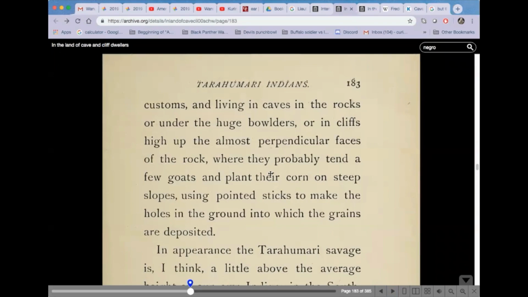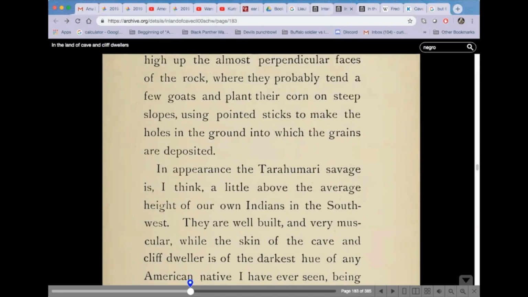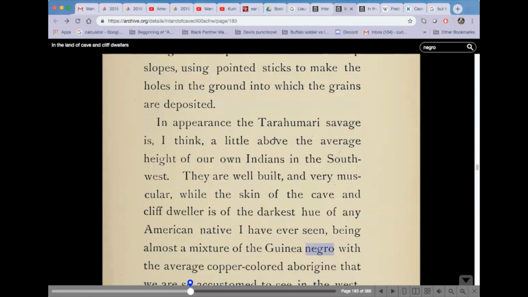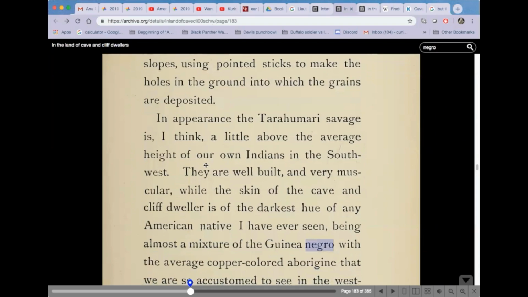So we're on page 183, and it's in reference to the Tarahumari Indians, all right? And it says here, in appearance, the Tarahumari savage is, I think, a little above the average height of our own Indians in the Southwest.